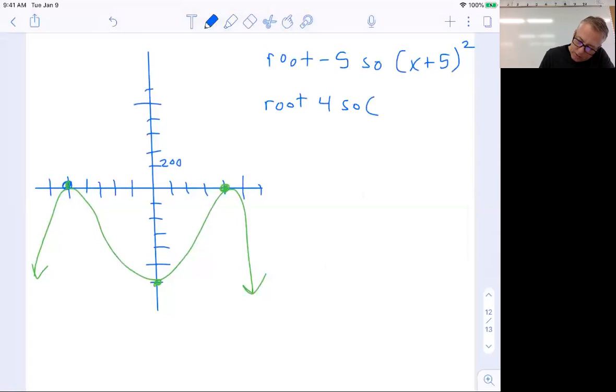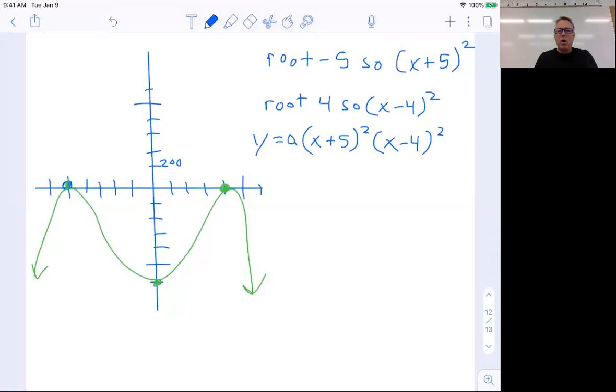So we have a factor of x minus 4 squared because it bounces there as well. So right now we don't have the a value, but we have y equals some a value times x plus 5 squared times x minus 4 squared. And all I need to do is figure out what a is, plug it in there, and we're done.